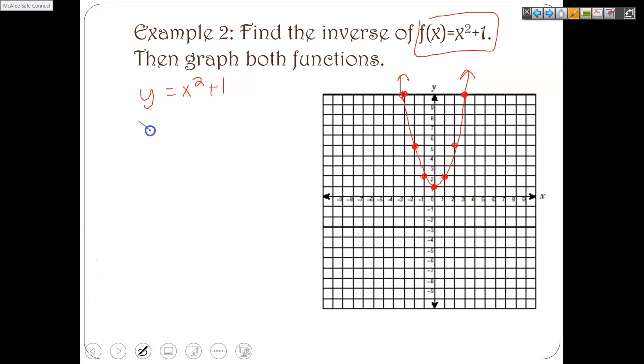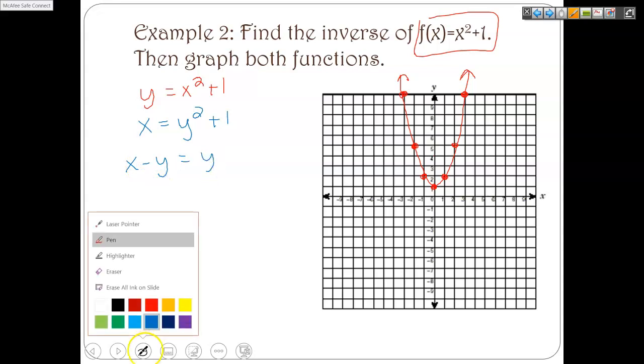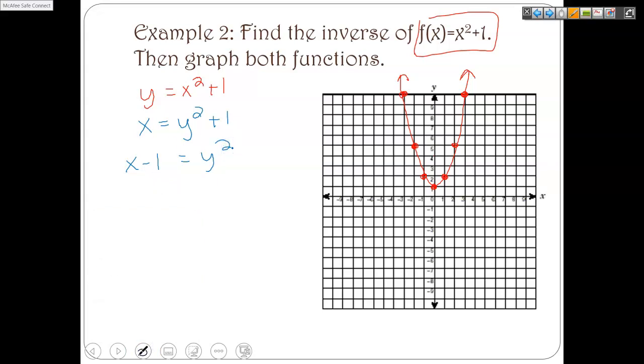To find its inverse, you would say x equals y squared plus 1. x minus 1 equals y squared. To get rid of something squared, we take its square root. When we take a square root, we take plus or minus. Now, this is why we're going to learn to graph square roots officially tomorrow.